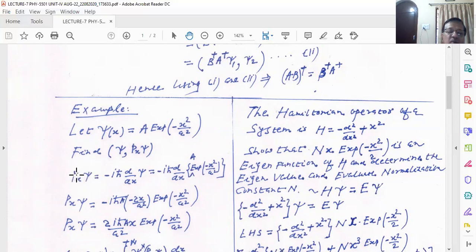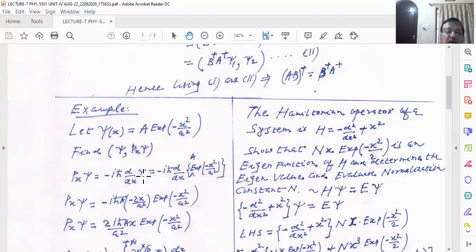p_x is the x component of the momentum, and its operator correspondence is minus i h-cross d by dx. This is known to you. So we write minus i h-cross d by dx operating on psi. I keep minus i h-cross as it is, and d by dx.